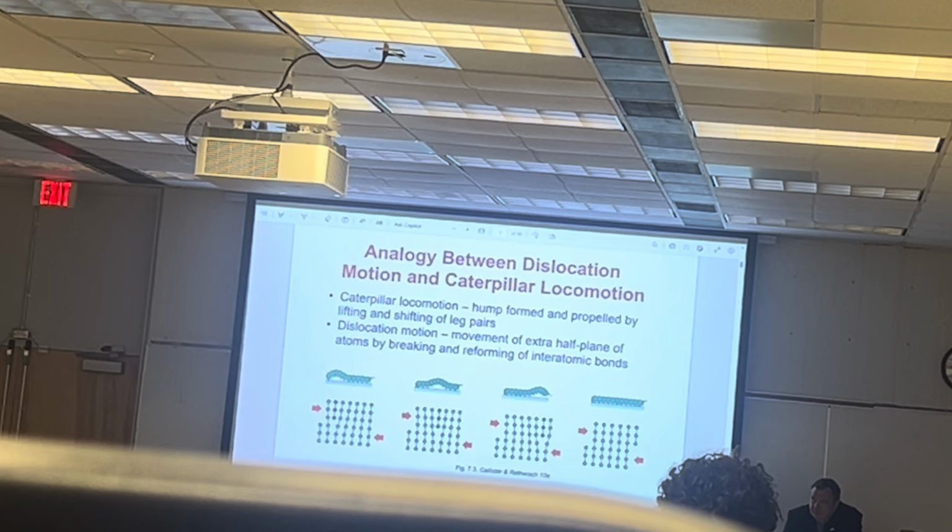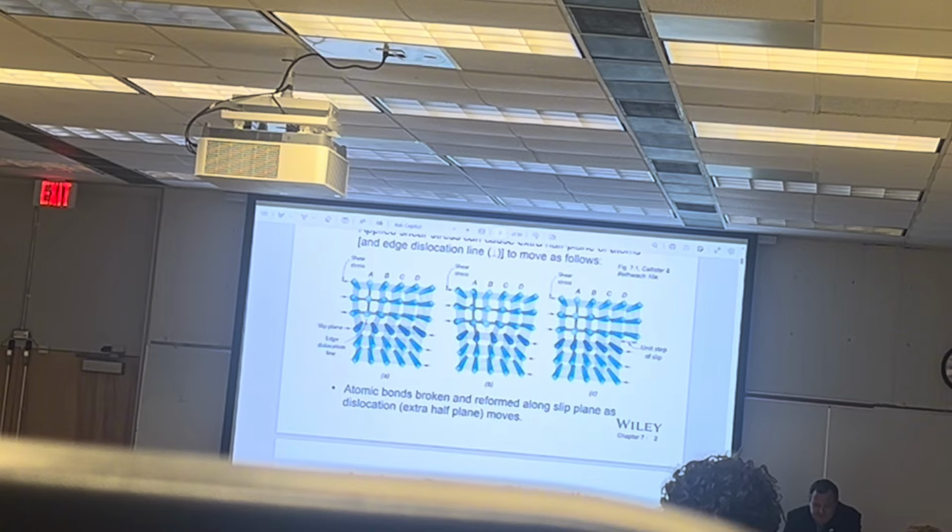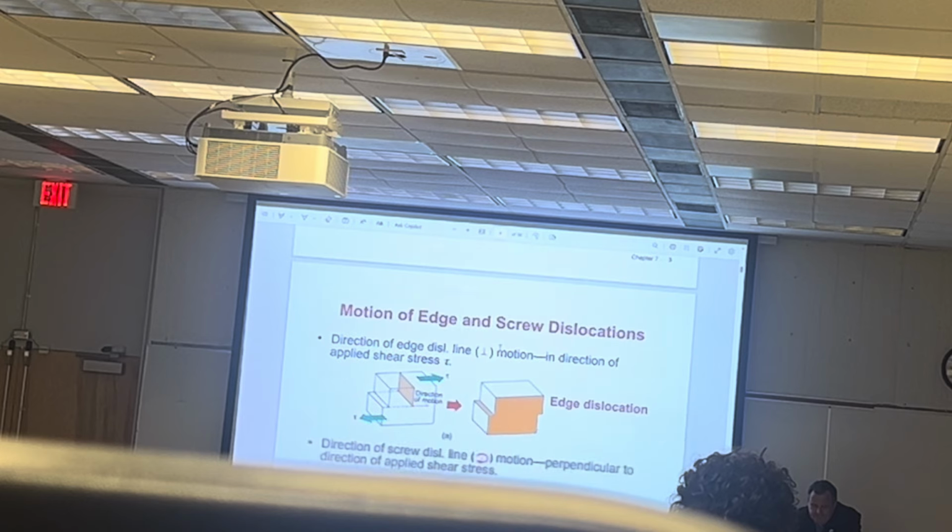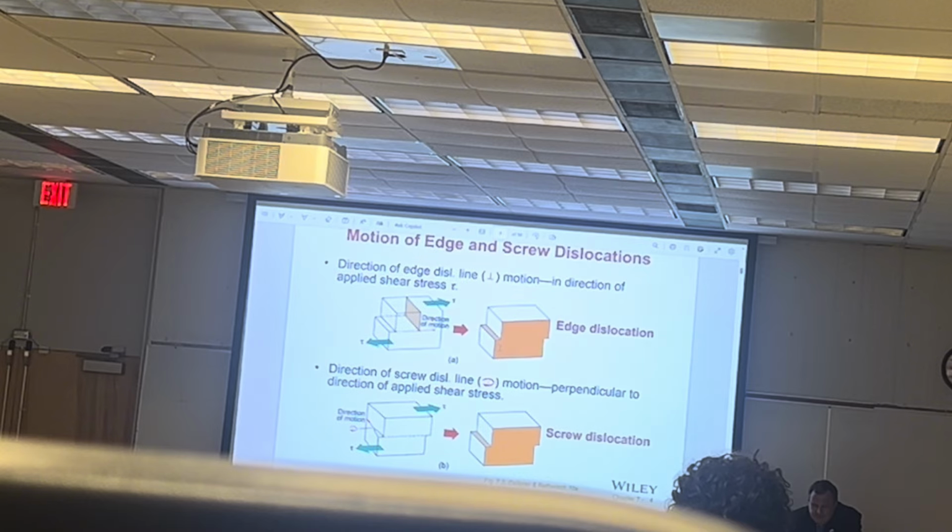It's the movement of an extra half a plane of atoms by breaking and reforming interatomic bonds. So here you can see it has to jump from here to here. That's how it physically moves. So it's the extra half a plane that's moving. And there are two types of dislocations, edge and screw.